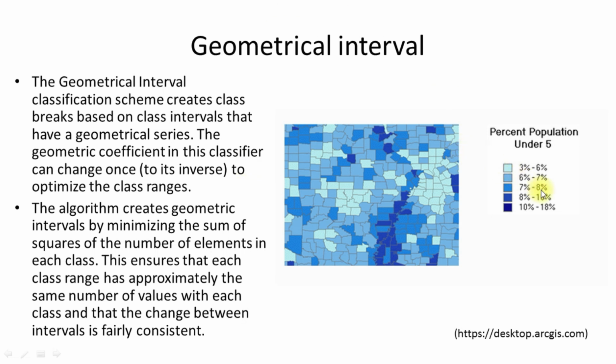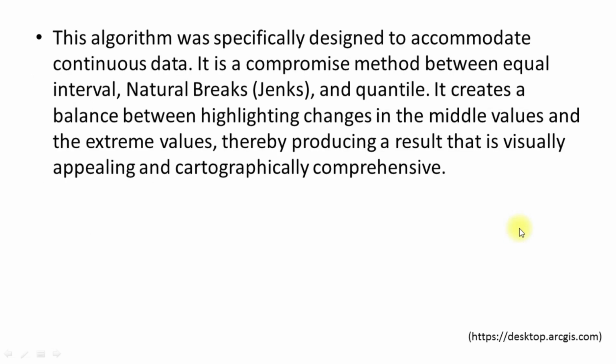So here we can see an example. The geometrical interval, we can see the class range differs. Here 3%, 1%, 1%, 2%, and 8%. So geometric interval is close to the quantile classification method. It tries to fairly distribute the data values within each class.